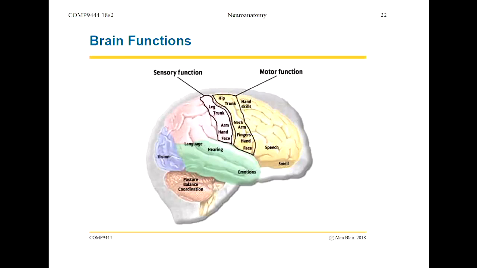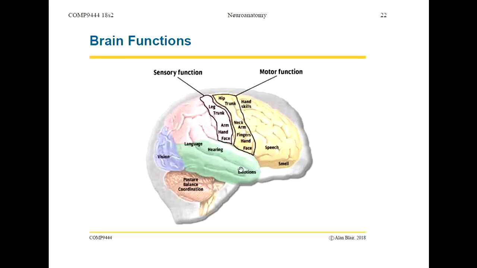So these are two different lobes of the cortex, but there are connections going across between here and here, and these things tend to line up. So the part of this cortex which controls the fingers tends to be lined up with the sensory part of the fingers, which makes sense when you think about it. So that's the sensory and motor functions.